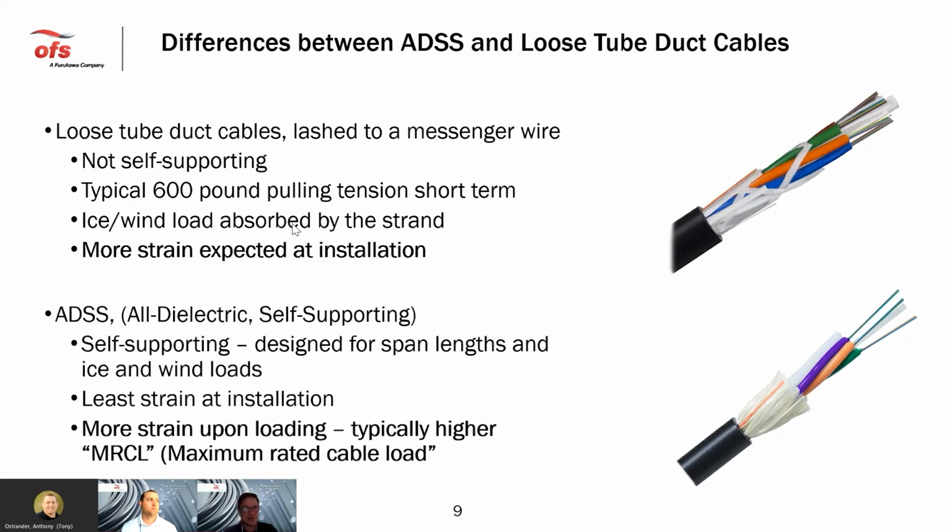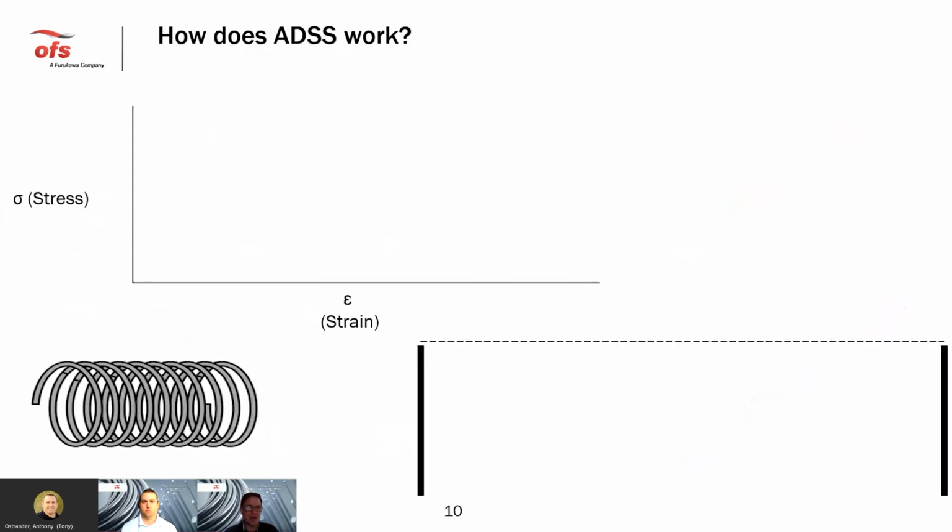What's interesting is you expect more strain at installation, but once it's up there, the strand is expected to take the load. ADSS is the exact opposite. It is designed to withstand wind and ice loads in the span lengths. The least amount of strain in its lifetime is at installation, and it is designed to take wind and ice loads over the lifetime of the cable. We'll talk about that in this next slide.